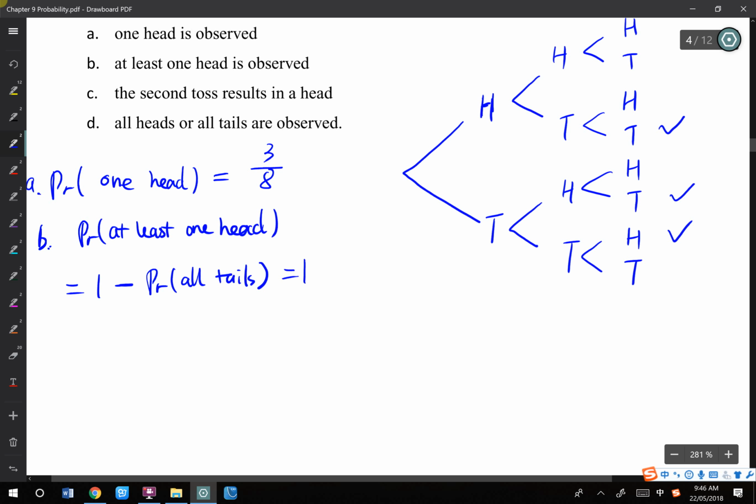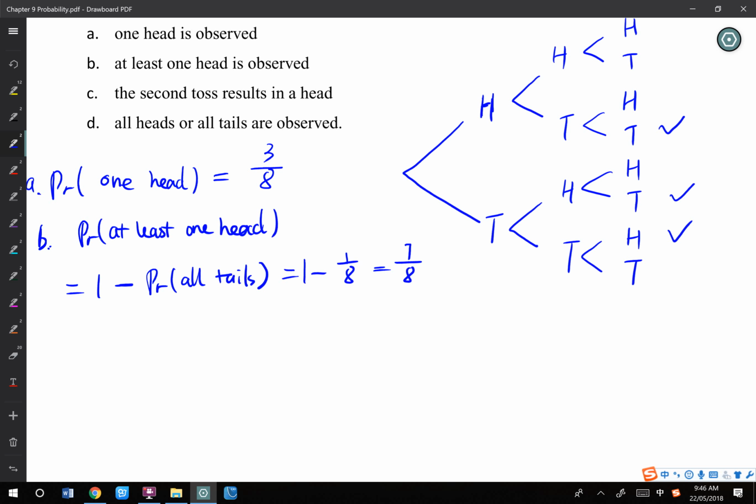That gives you 1 minus 1 on 8, and that's 7 on 8. Just exclude the case that's no head at all.